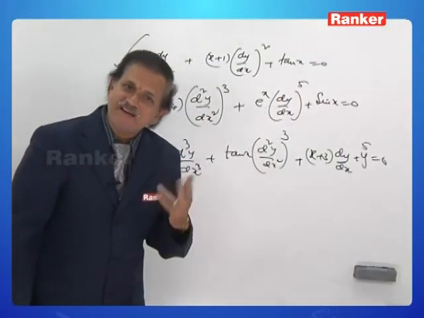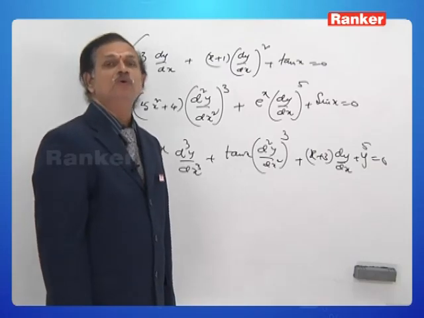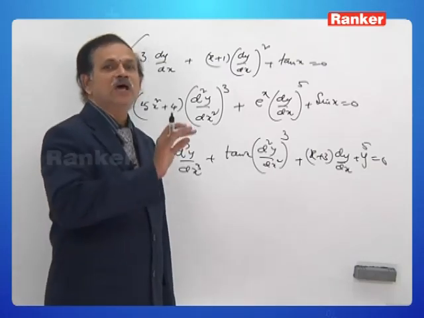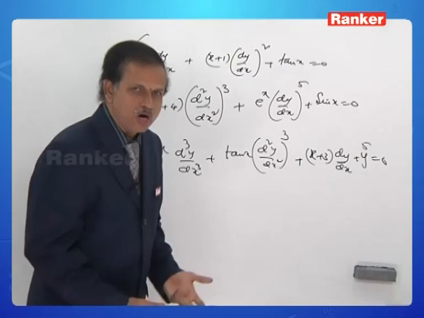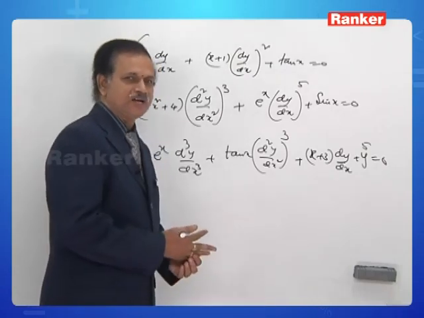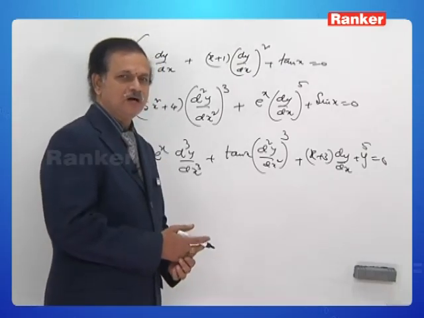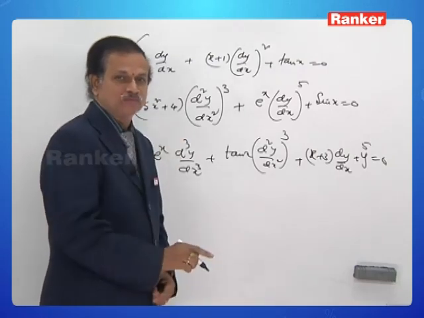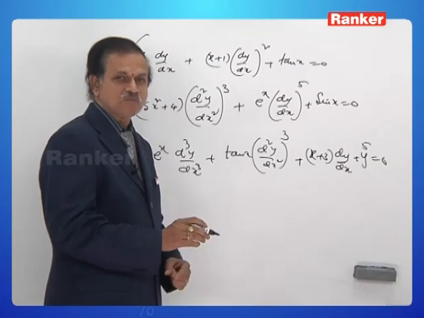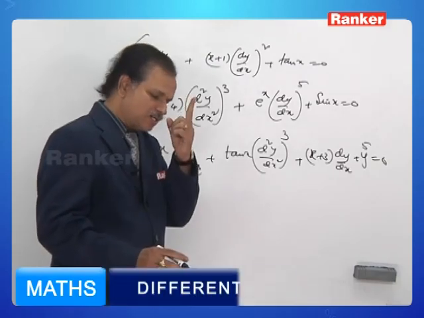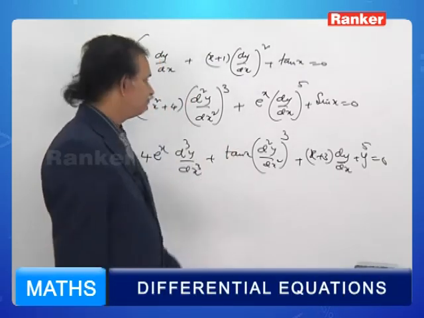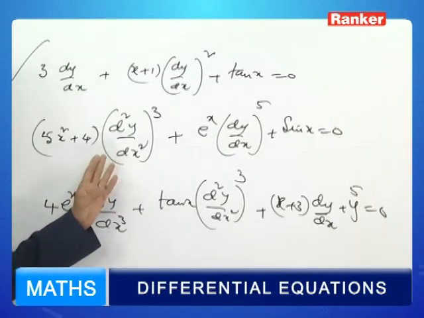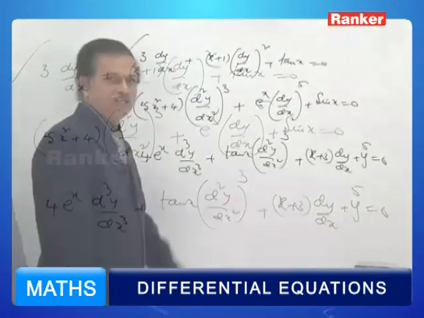Is it 3 or 5? You are supposed to note the largest exponent present on the largest ordered derivative. Your eyes must look for the largest ordered derivative only. This is the largest order derivative. So this is of third degree.